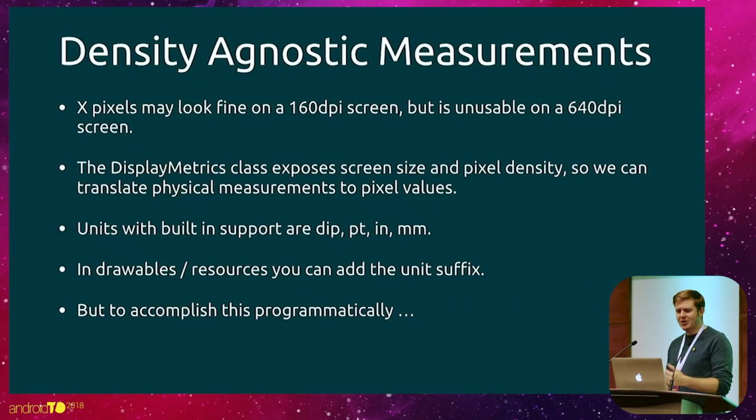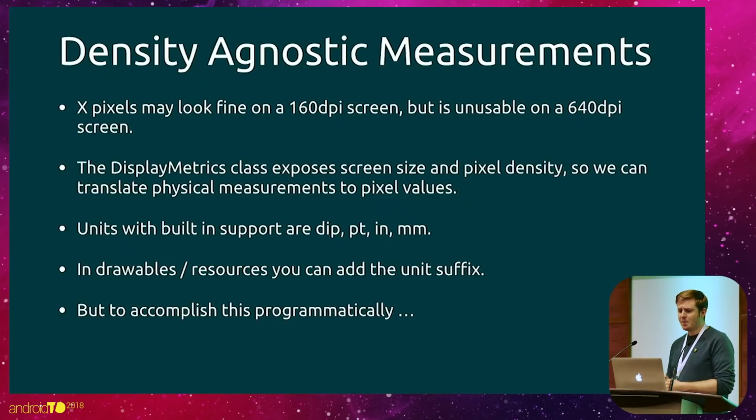While we're on the topic of measurements, I just want to quickly divert to density agnostic measurements. This is a problem: 100 pixels on a 160 dpi screen may be fine, but on a 640 dpi screen it is unusable, effectively 1/4 the physical size. To deal with this, Android gives us the DisplayMetrics class, which exposes size and pixel density.